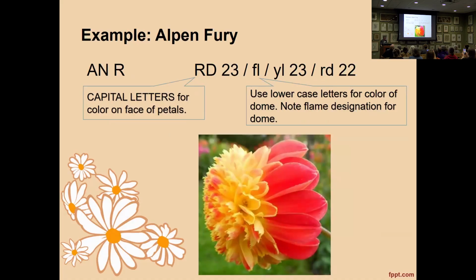Alpine Fury is anemone red with the red ray florets, red 23. Then the dome is a flame. So you see the flame designation after the slash in lowercase, then the colors of the flames, yellow 23, red 22.